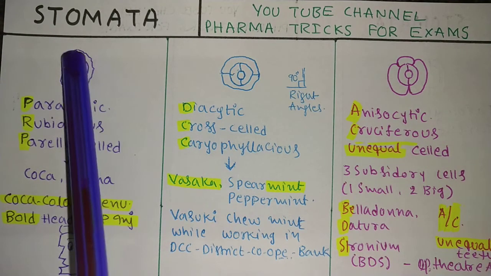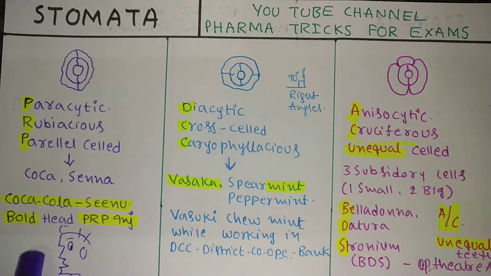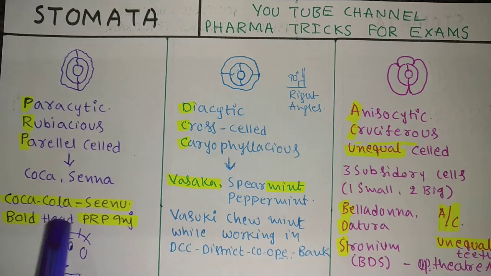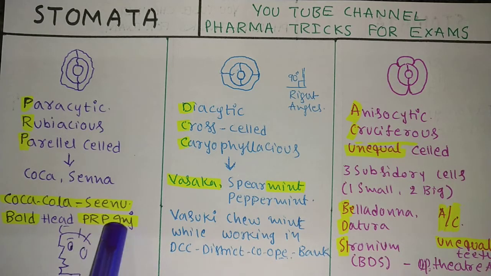How to remember this entire topic? Here I gave this: coca, Coca-Cola; senna, Sinu is drinking Coca-Cola regularly. That's why he lost his hairs, all the hairs, and he got baldness. He went to a doctor. The doctor gave a PRP injection.